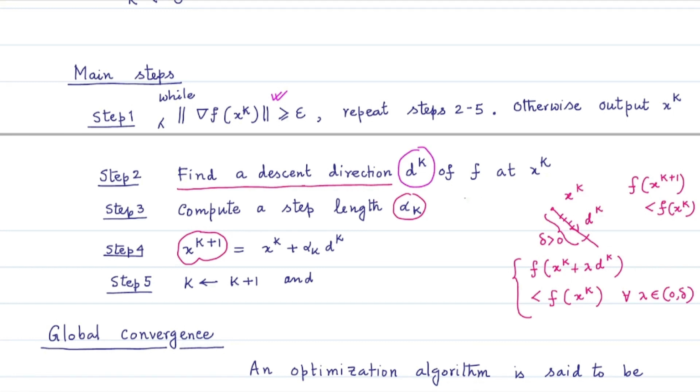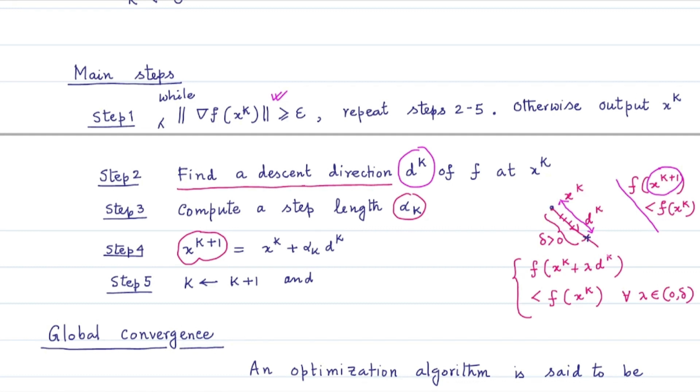Now here let me talk about step 3, how to choose this step length alpha k. You notice that this alpha k acts as a step length to be taken along the direction dk. We choose alpha k in such a manner that the function value at the next iterate xk plus 1 is smaller than at the previous iterate xk.